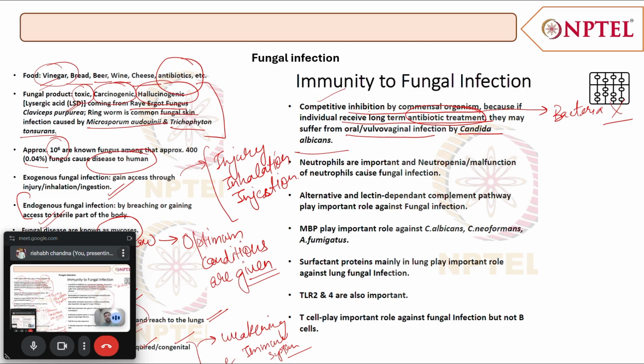Then neutrophils are important, and neutropenia or malfunction of neutrophils causes fungal infection. This shows that neutrophils are important immune cells that help in preventing fungal disease. Then the alternative and lectin-dependent complement pathways play an important role against fungal infections.